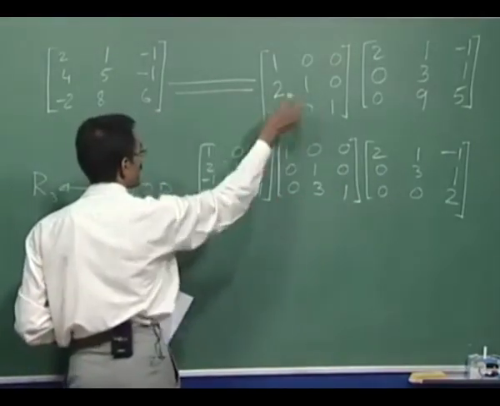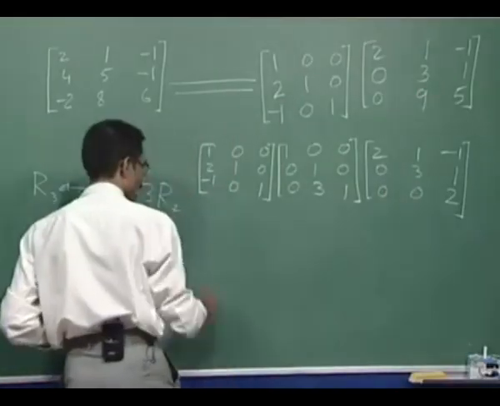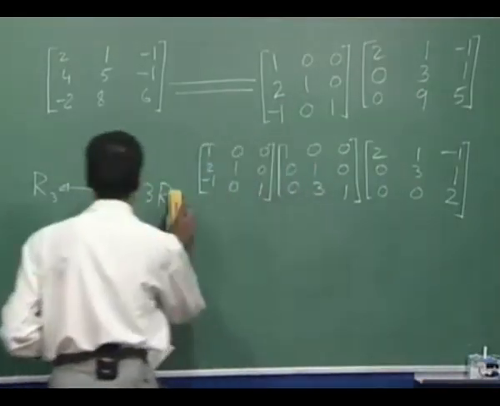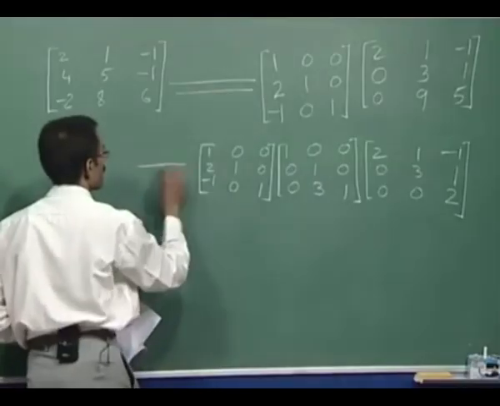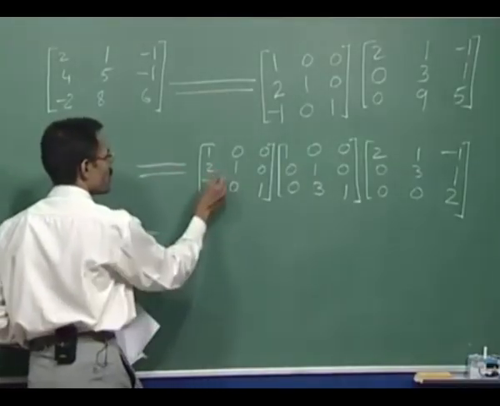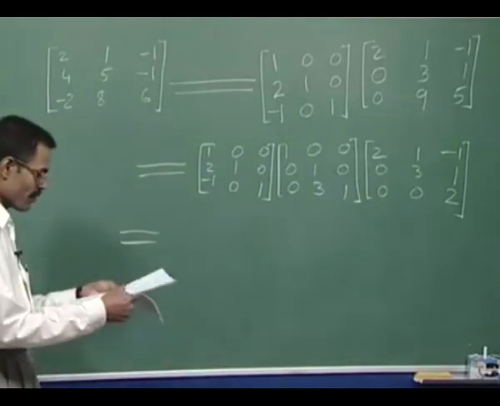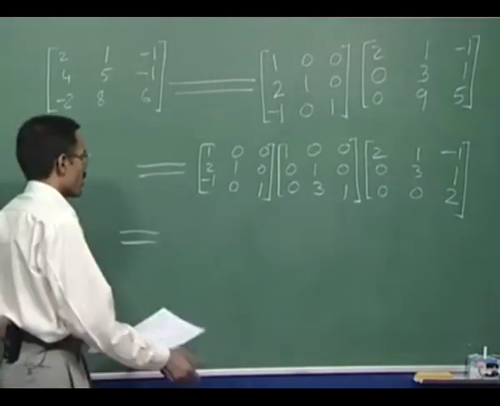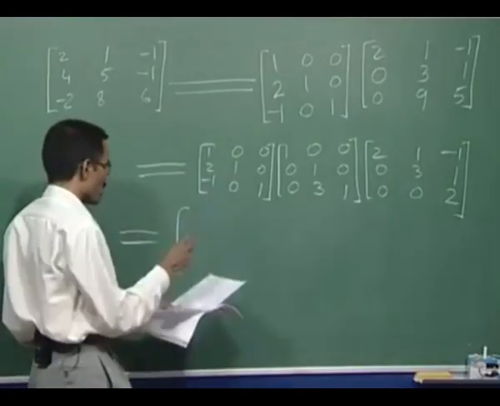So, this is again equal, because this is the same as this, and this is the same as the product of these. Now, we can forget about this, and this whole thing is equal. The product of these 2 lower triangular matrices will give us a lower triangular matrix, which through multiplication you should verify.